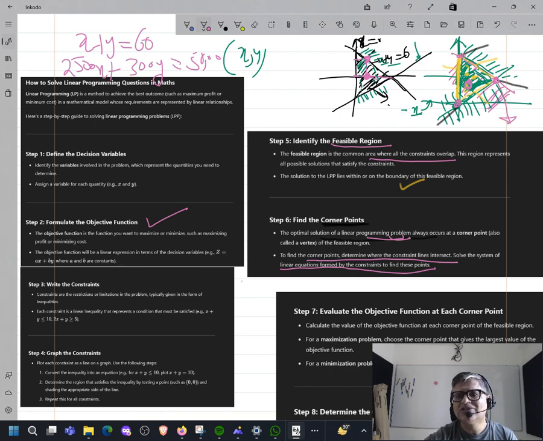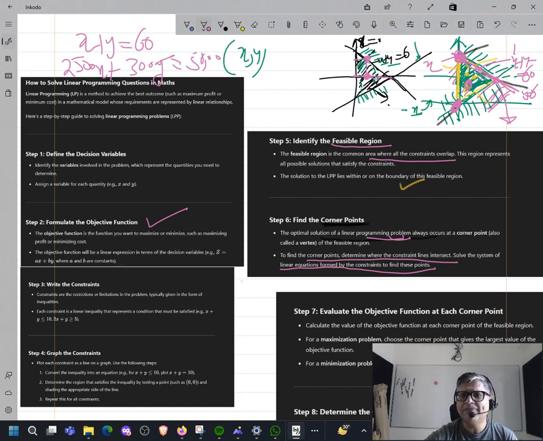Then you can find this also, right? If this is x plus y is equal to 60, then if x is equal to 0, y is equal to 60. So you can find this also by putting the value of y to be 0. Similarly, like we put x equal to 0 here, we can put y is equal to 0. We will get another point, right?